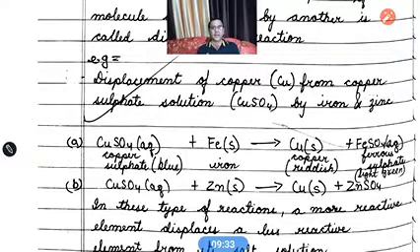But when iron comes, iron is a stronger and more reactive element, so iron easily displaces copper from copper sulfate, and iron sits on sulfate and forms another compound, iron sulfate, FeSO4, and with the replacement of copper, copper is separated out from the solution. So this is an example of displacement reaction.